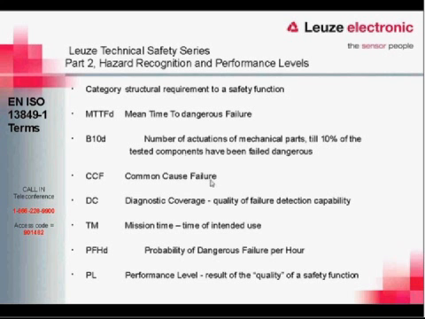Common cause failure. Diagnostic coverage, which is the quality of the failure detection. Ideally for Cat 4, SIL 3, PLe, we want 100% failure detection capability, very high. Time of intended use. And PFHD, the probability of dangerous failure per hour, which is the one we're going to be focusing on. And then performance level is what we get when we take all the calculations from these together.